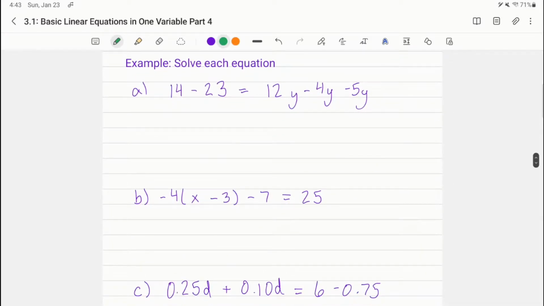Solve each equation. So on the left-hand side, we have 14 minus 23, which are like terms. We can combine them and we get negative 9. On the left-hand side, positive 12y minus 4y minus 5y, that'll give us 3y.